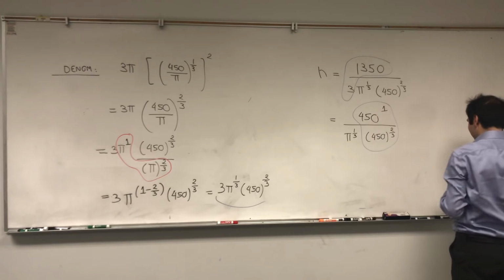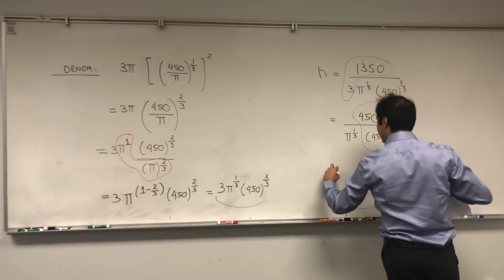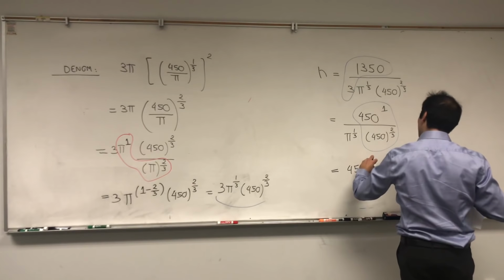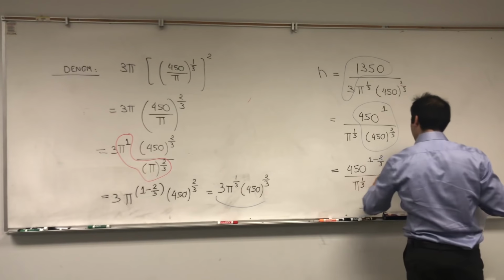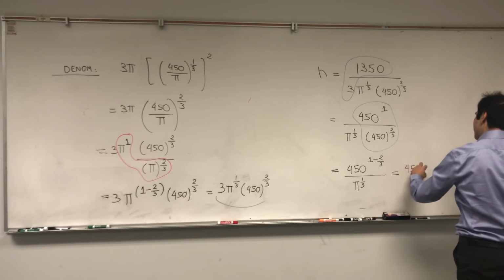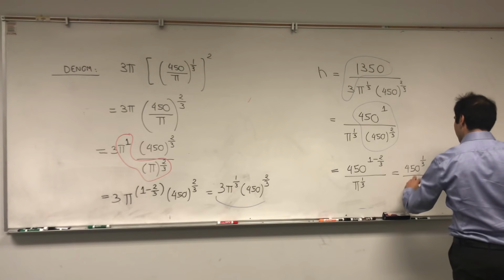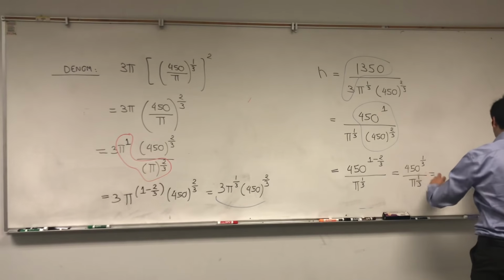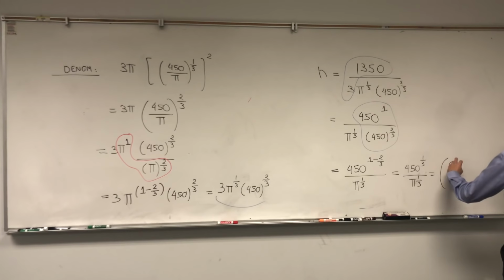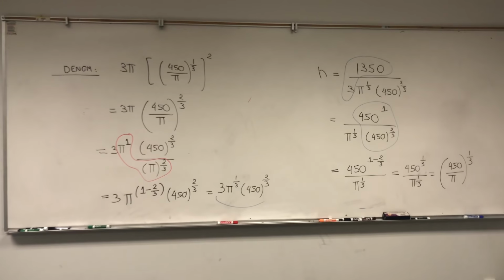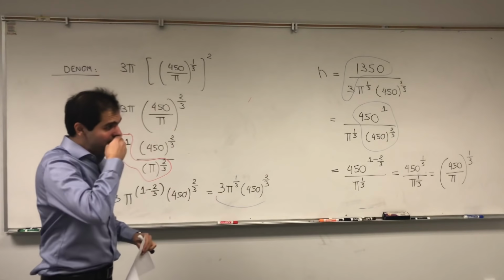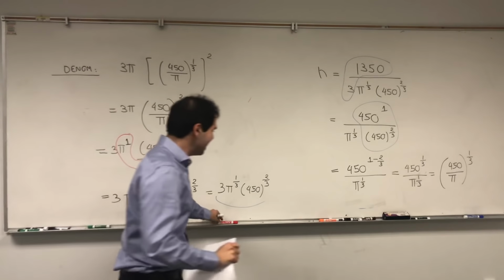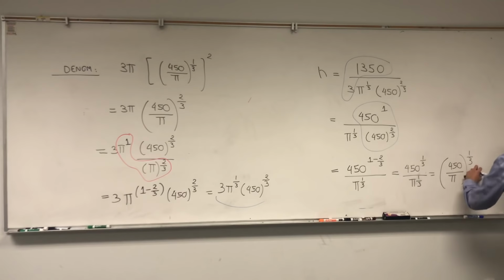So this simplifies, and you get 450 to the power 1 minus 2/3 over pi to the 1/3, which gives you 450 to the 1/3 divided by pi to the 1/3. So this becomes 450 over pi to the 1/3, under a cube root. Which gives you h, but notice, this is the beautiful thing, it's the same thing as r.